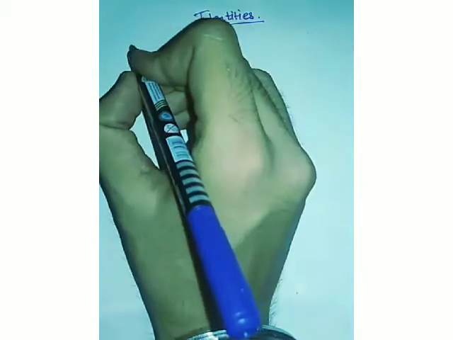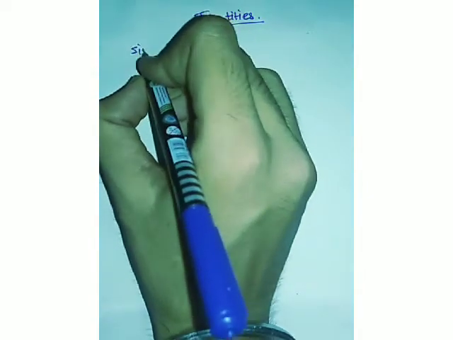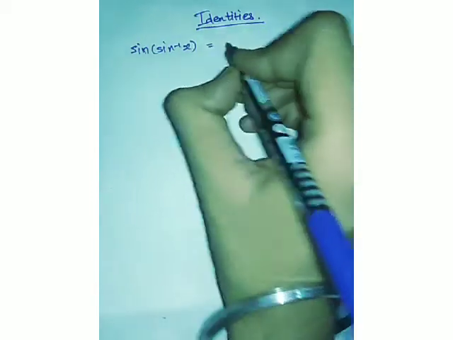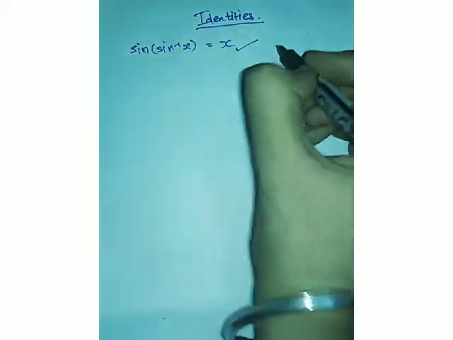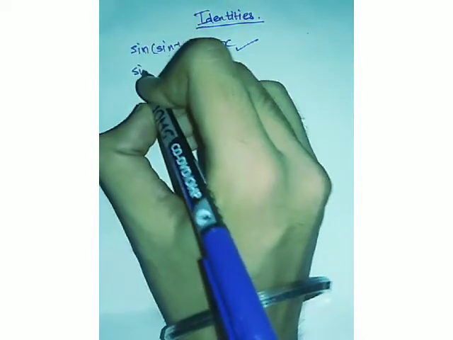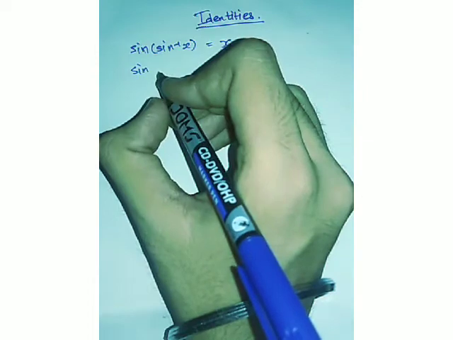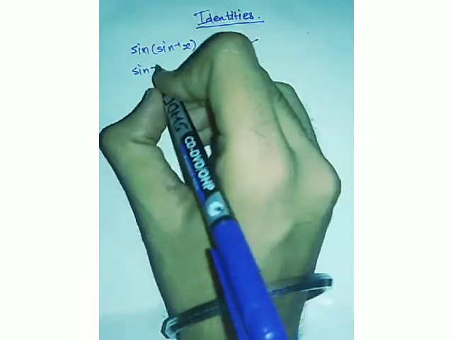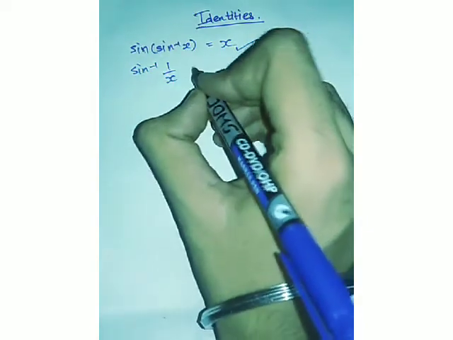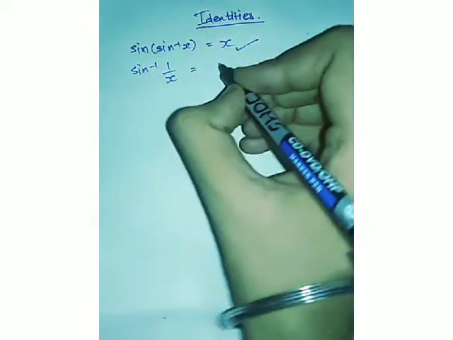Firstly, we'll start with a very simple thing, that is sine of sine inverse x is always equal to x, and the same is the case with all other inverse trigonometric functions. As we know that 1 upon sine x is cosecant x, the same is the case with sine inverse x, but here the angle is reciprocated, not the trigonometric function itself.